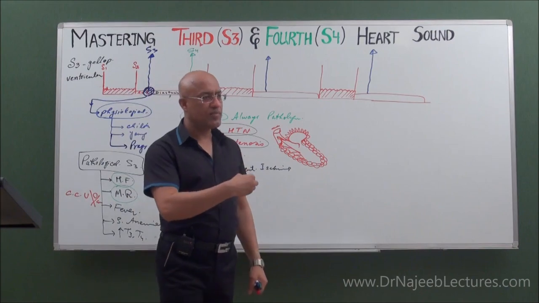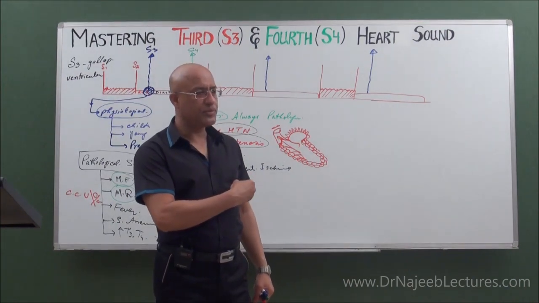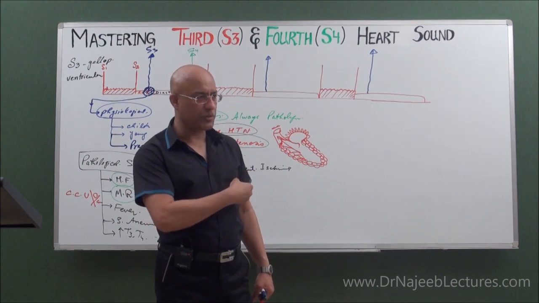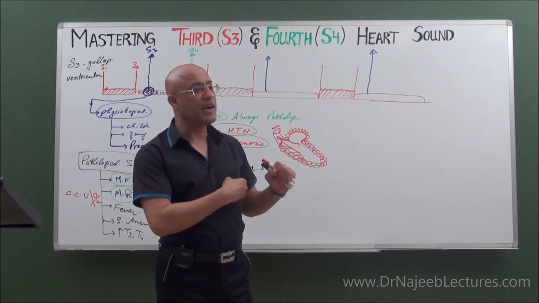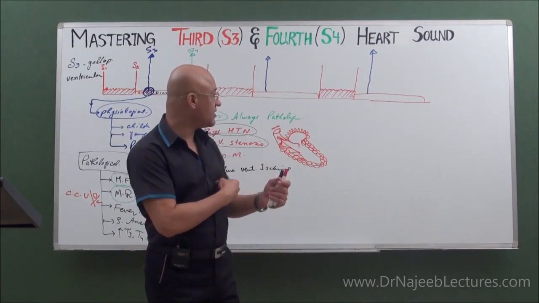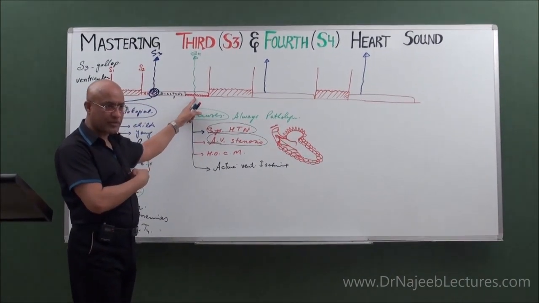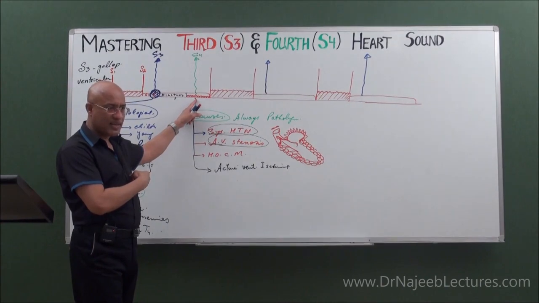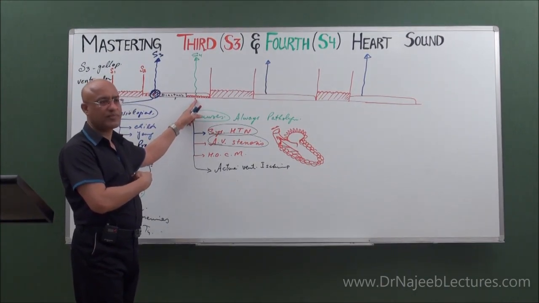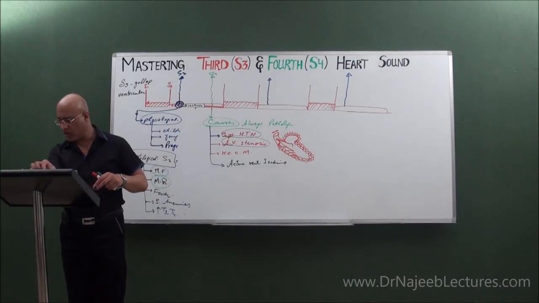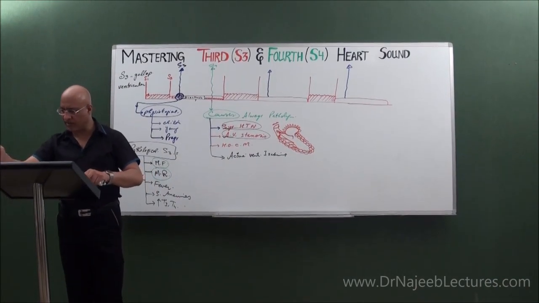You put the stethoscope, and if with the bell you hear a double sound, after that you put the diaphragm. If on the diaphragm the double sound remains, this is split S1. If the double sound disappears, it means the disappearing sound was S4. Is that okay? Any question up to this? Do you have any question or you want to ask anything?